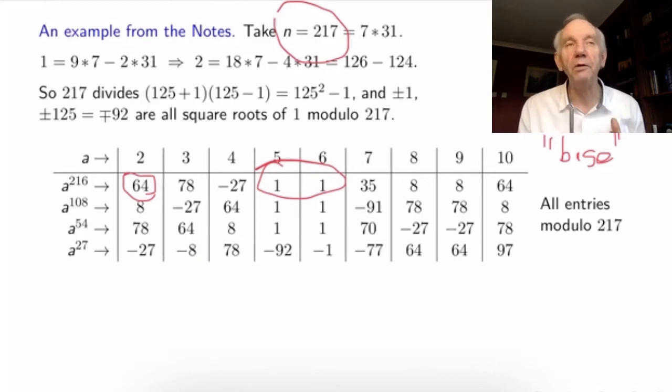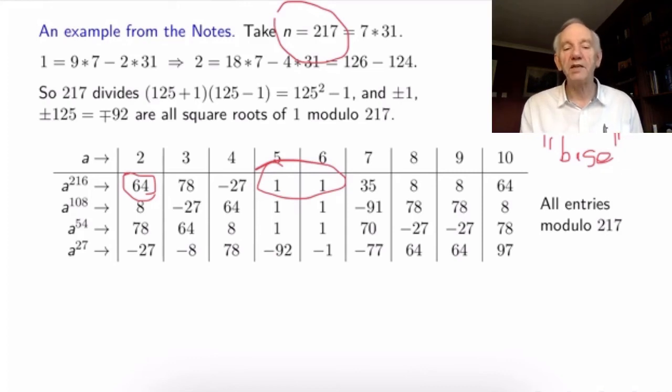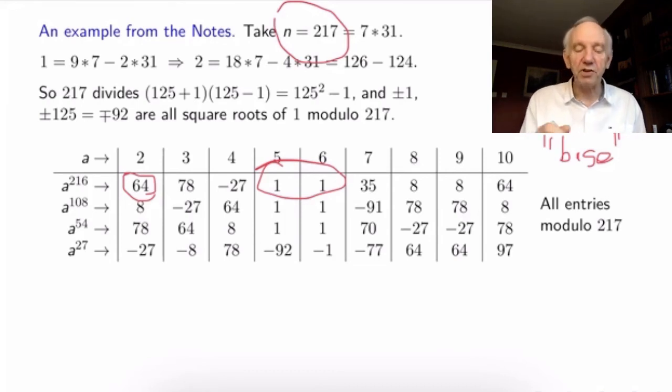Suppose we're blind to being able to factorise it, the Fermat test, if you like, fails: this integer fails Fermat's test to base 2, 3, 4, 7, 8, 9, 10, but it passes it to base 5 and 6. Now the question is, can we do better than that with Miller's test?